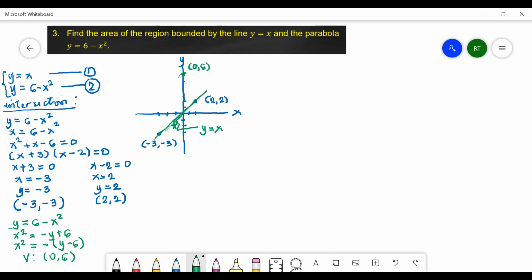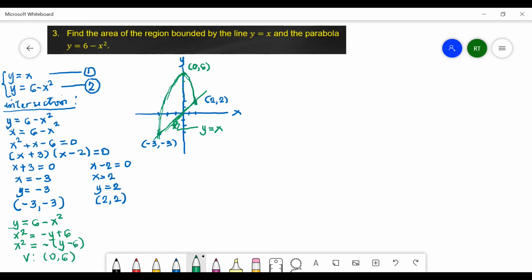So we can now draw the parabola opening downward. Of course, it will intersect the line y is equal to x at 2, 2 and negative 3, negative 3. Okay, so this is the parabola.